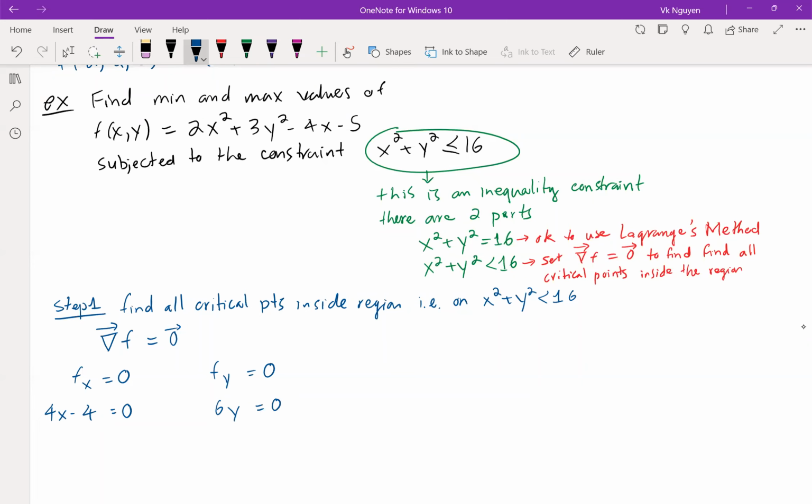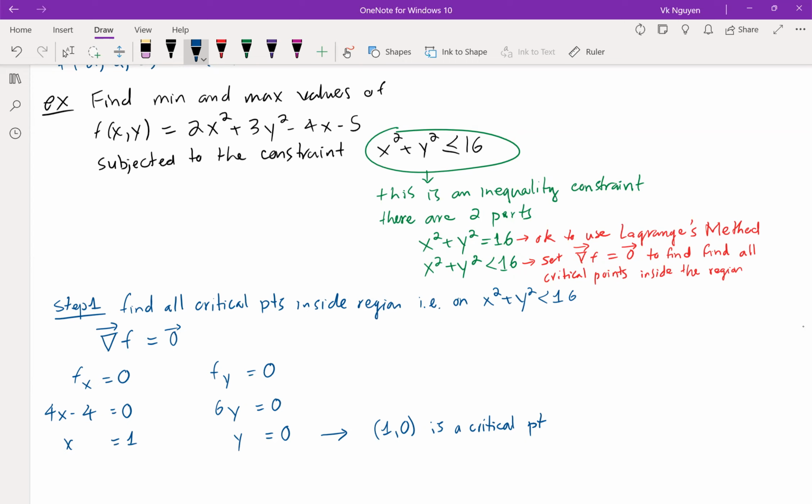Here we get x equals 1, y equals 0. So that means we'll have one point here. Okay, we finished step 1.